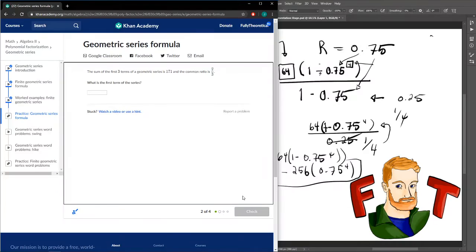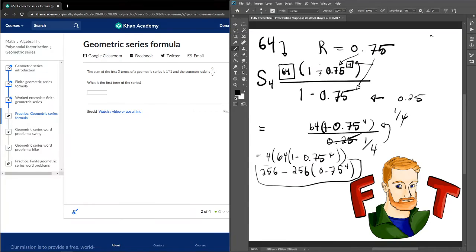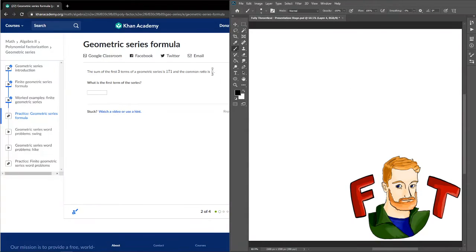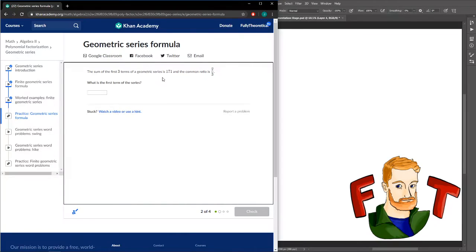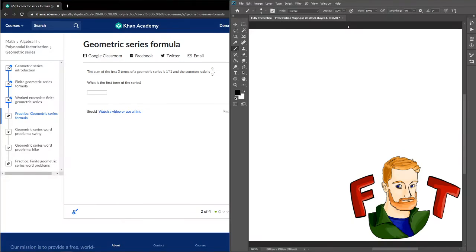Okay, I'll do one more. Let's go ahead and clear this. First 3 terms, so S sub 3.